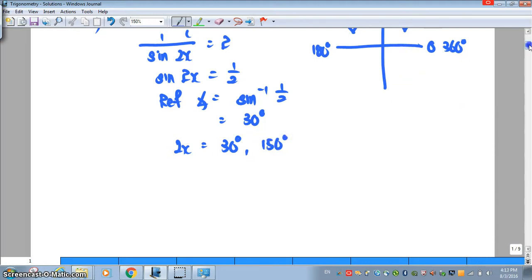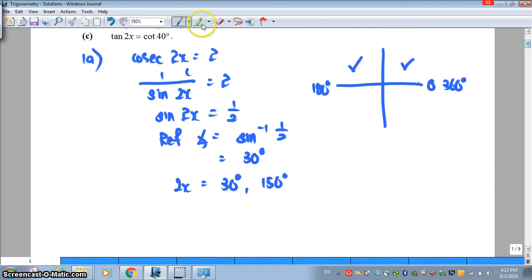This is for the first cycle. But take note, in this question, you are told there are 2 cycles because it's 2x. So what do you need to do to the first set of solutions? You need to add another 1 full cycle, meaning 30 plus 360, which will give you 390. Likewise, for 150, you need to add another full cycle. This will give you 510.